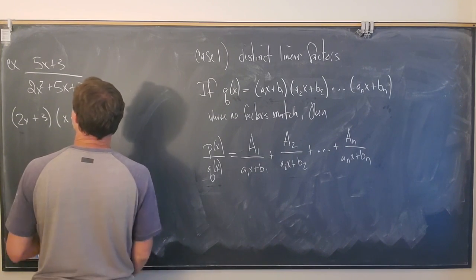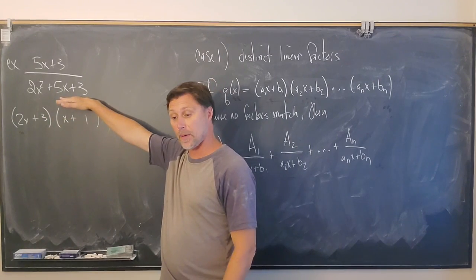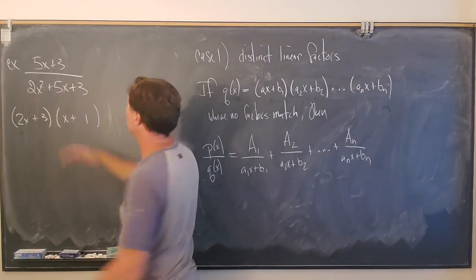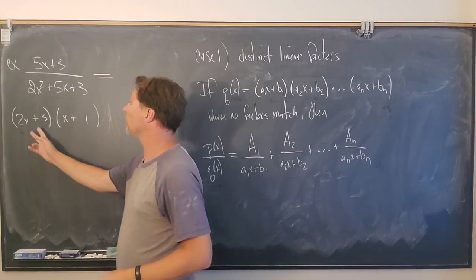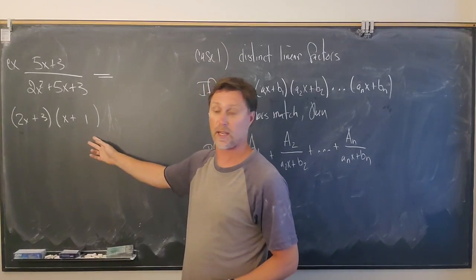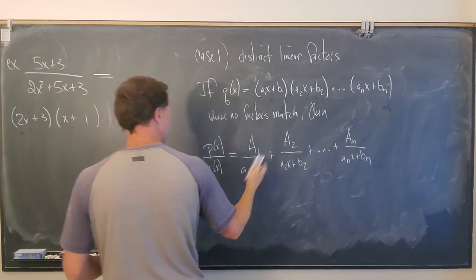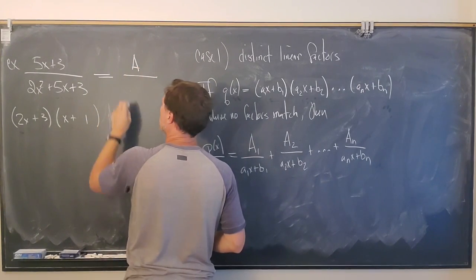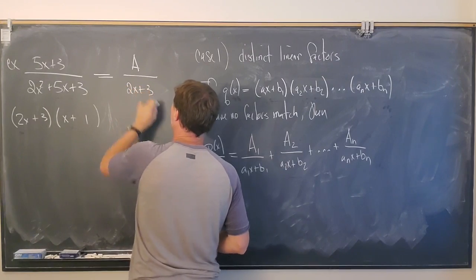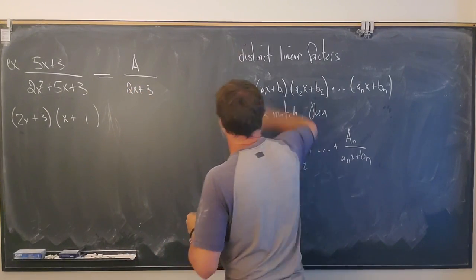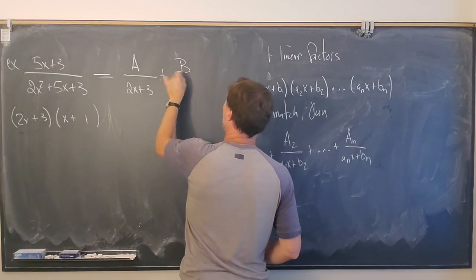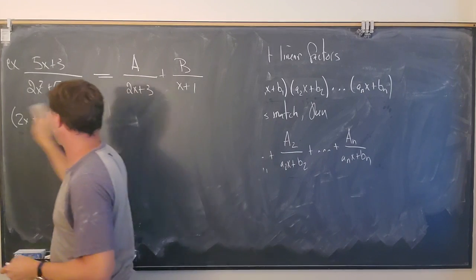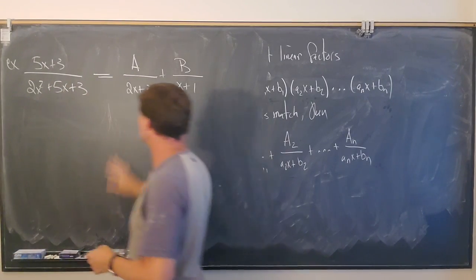So step 1, factor the denominator. Then according to this formula, this can be expressed as a constant over the first factor plus a constant over the second factor. Instead of using capital A1 and capital A2, I'm going to use a capital A and a capital B. So we know that there is some capital A and some capital B such that this original rational function, polynomial over polynomial, can be expressed in this form right here.